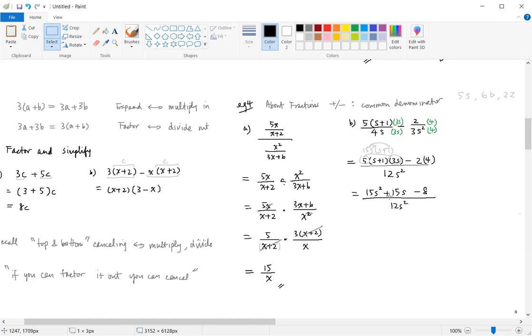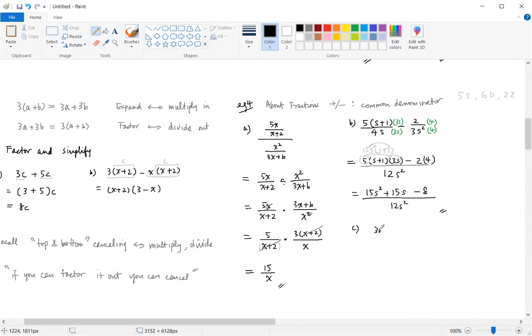What I'm saying is that even if you can factor the top, there is nothing to cancel anyway. So we don't have to spend time to factor it. So leave it like this, it's done. Clear? Okay, so you know when is the time we want to factor.